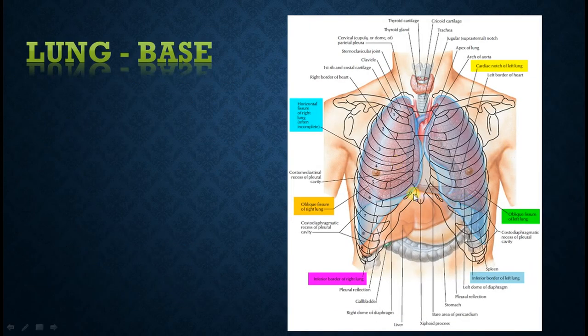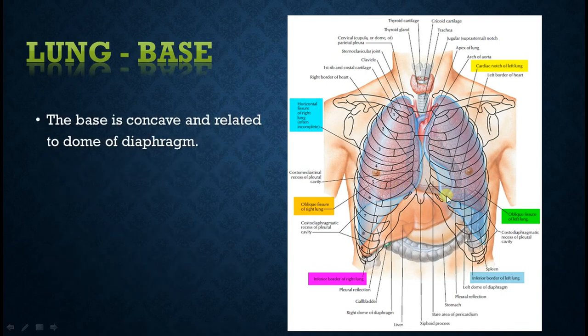Now coming to the base. The base of the lung is also called the diaphragmatic surface. It is concave, and the depth of the concavity is more on the right side to accommodate the liver. Immediately, the inferior surface of the base is related to the diaphragm.